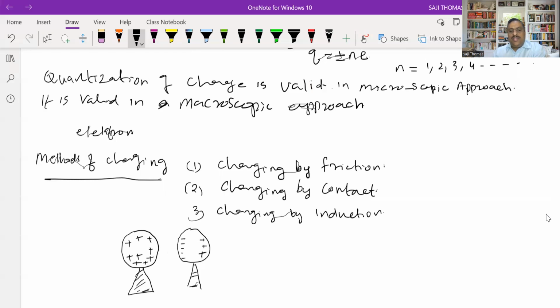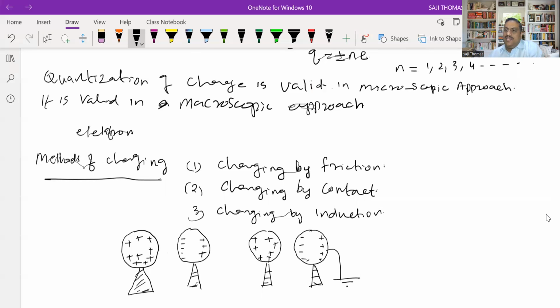Now what we have to do is connect the second object to the earth by a wire. This is known as earthing. Here negative, here positive. Connect to the earth. Earth we represent by this letter.